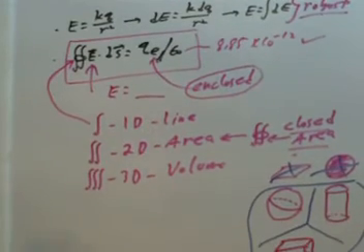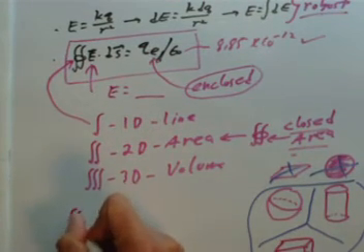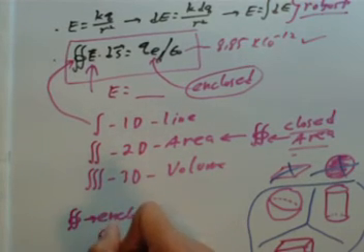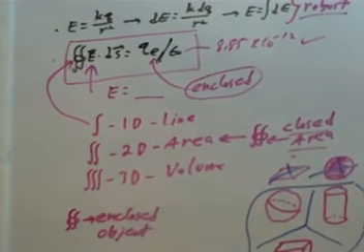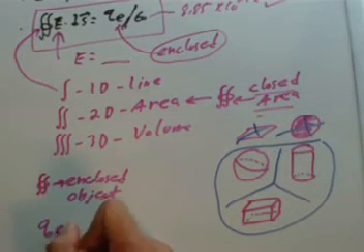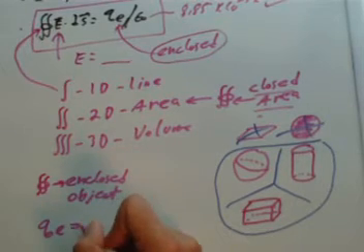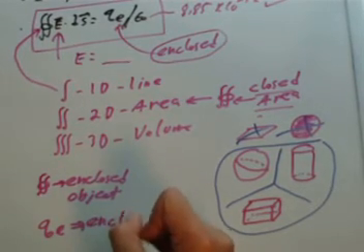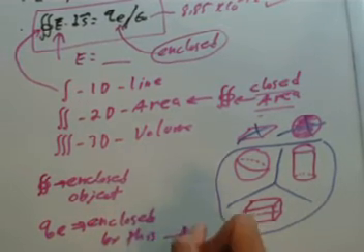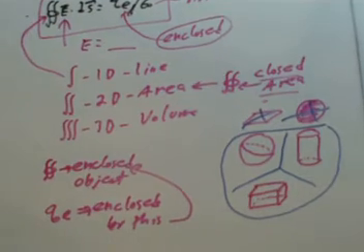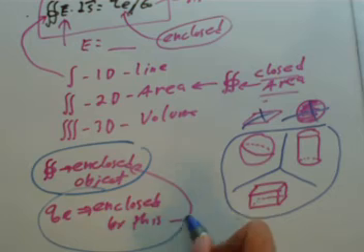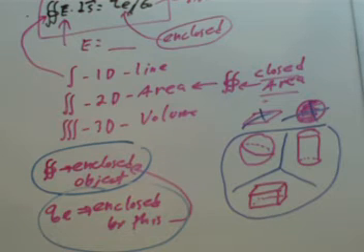The two integrals with the ring around it mean an enclosed object, and I'm giving you about the only three you're ever likely to encounter. And these things tie together because the Q enclosed, the charge enclosed, is enclosed by this object right here. So if you can look at your problem and go, yeah, I can identify a closed object that encloses some charge, then likely Gauss's law can work for you.